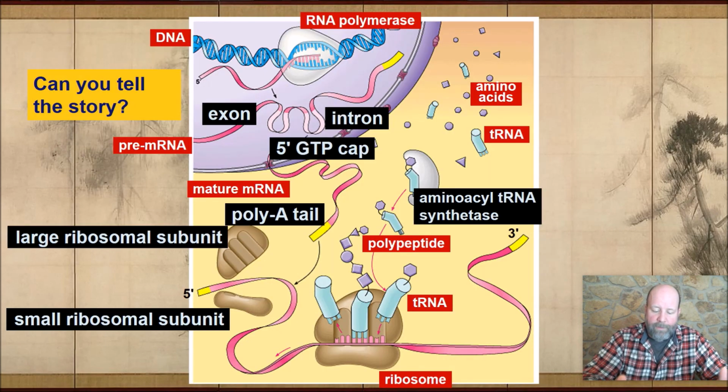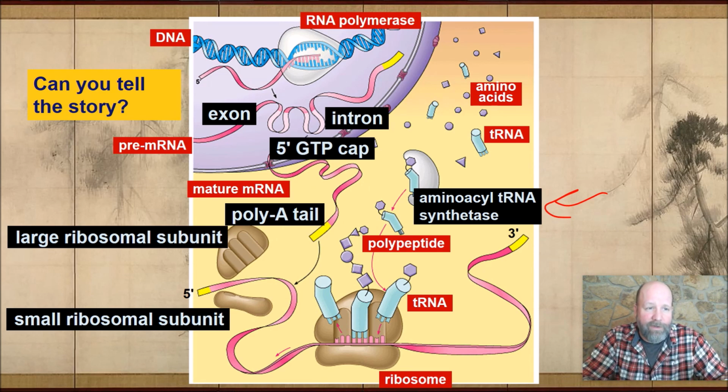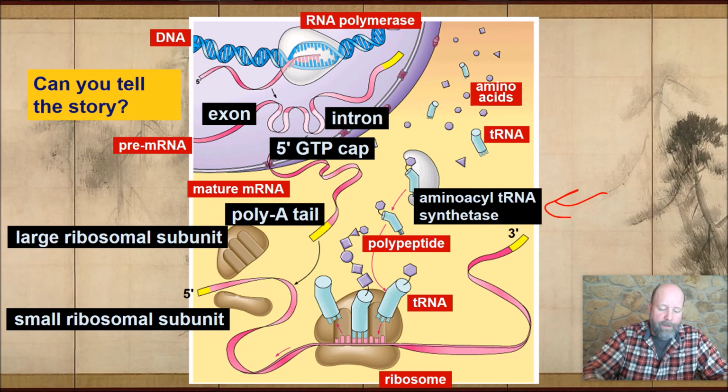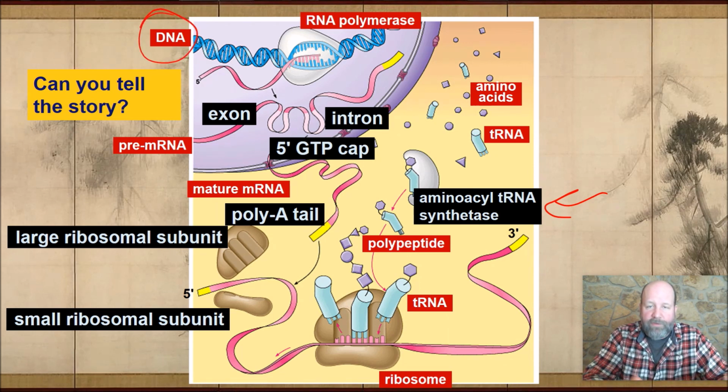So this diagram sums up all the parts you need to know. Maybe one you don't. I don't know if you need to know aminoacyl tRNA synthetase. That's not that big a deal. But its job is basically to recharge this tRNA. But going all the way to the beginning, right? DNA, we're going to use RNA polymerase and transcription factors to build that transcript. We're going to remove introns. We're going to put a 5' cap on. We're going to put a poly-A tail. That's what makes it a mature RNA.